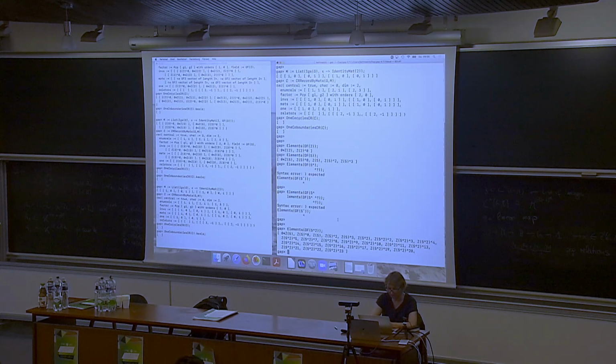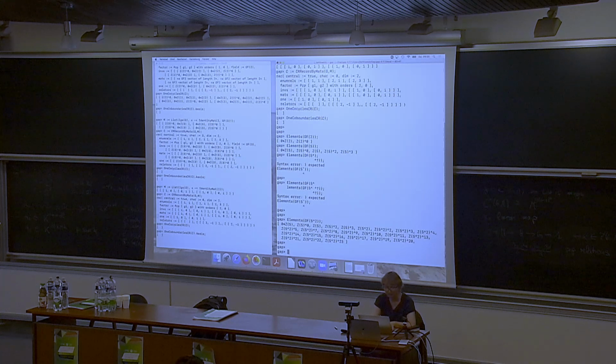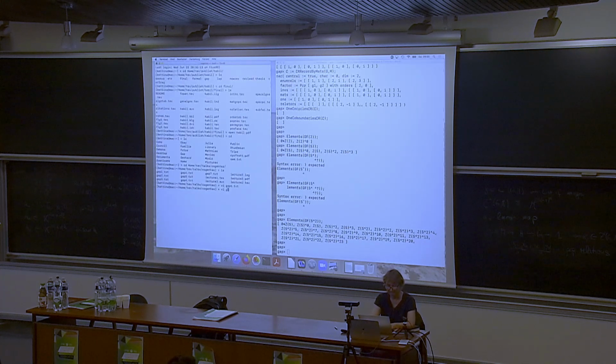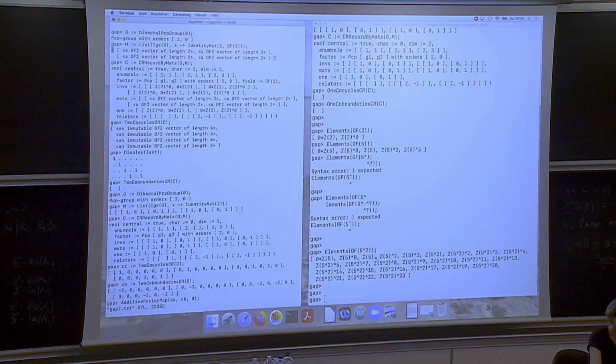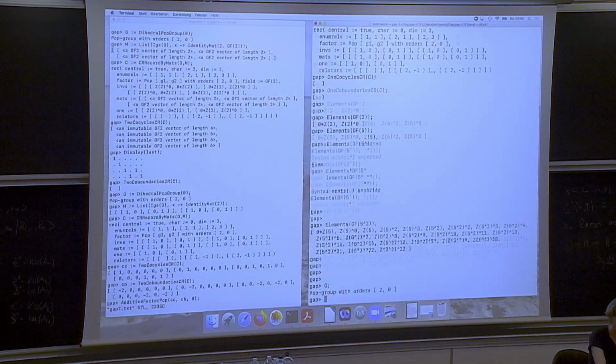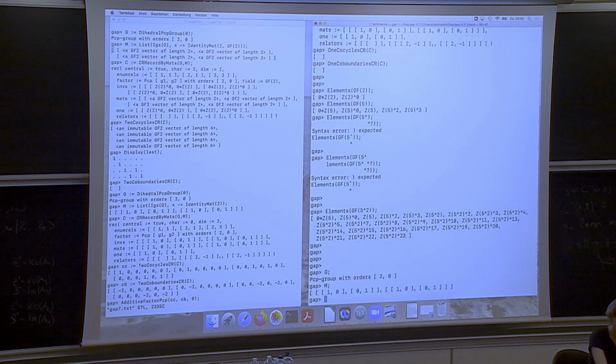What else did I do? Perhaps before the break I do only a few more computations of the same sort. Let's have another look at cohomology. So we're looking at the infinite dihedral group, and our module is two-dimensional over Z at the moment.